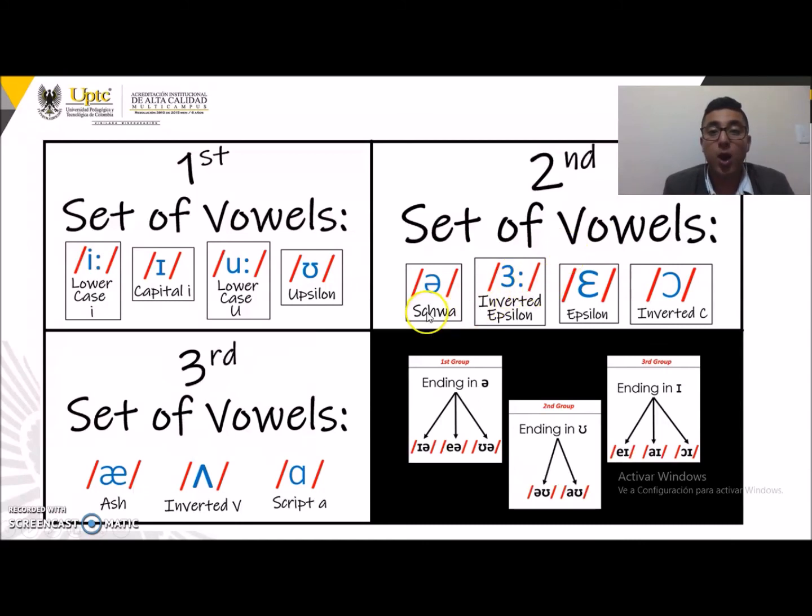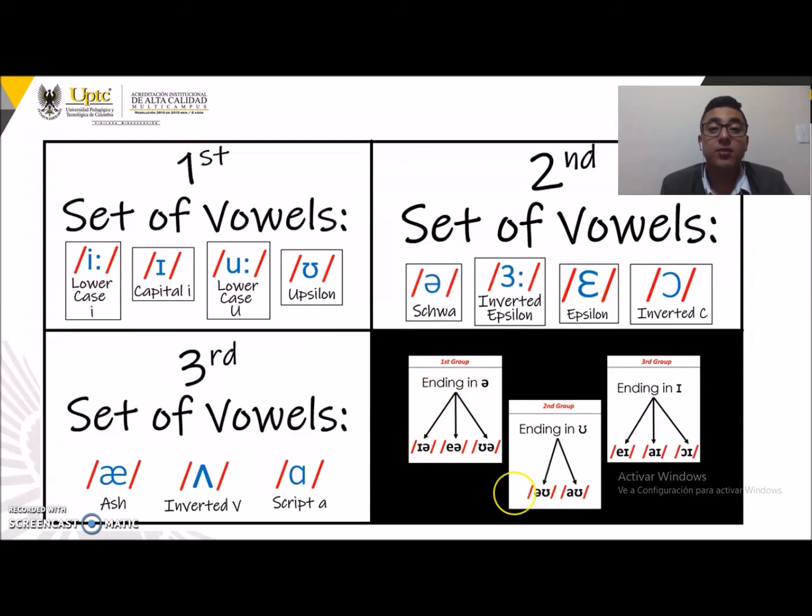They are schwa, inverted epsilon, epsilon, and inverted C. And at the end we have the third set of vowels, which correspond to 3 phonemes, which are ash, inverted V, and script A. Based on these vowel sounds is that we actually produce the diphthong sounds.